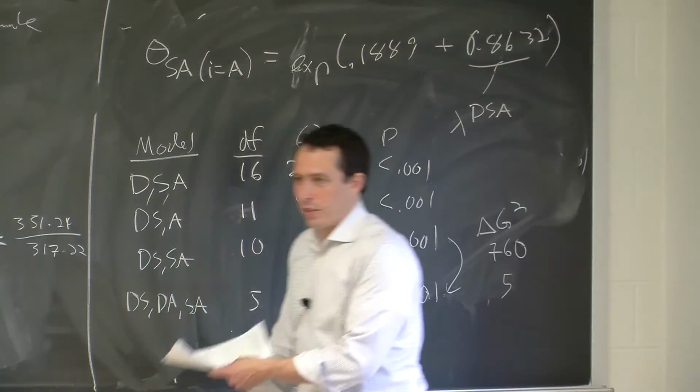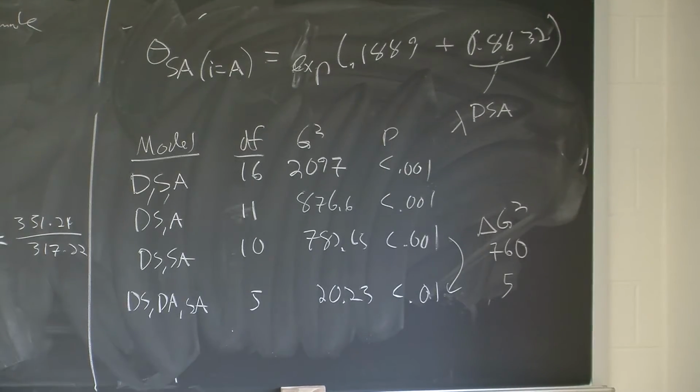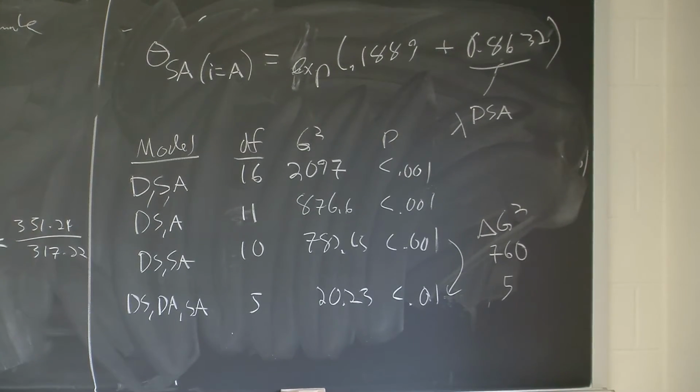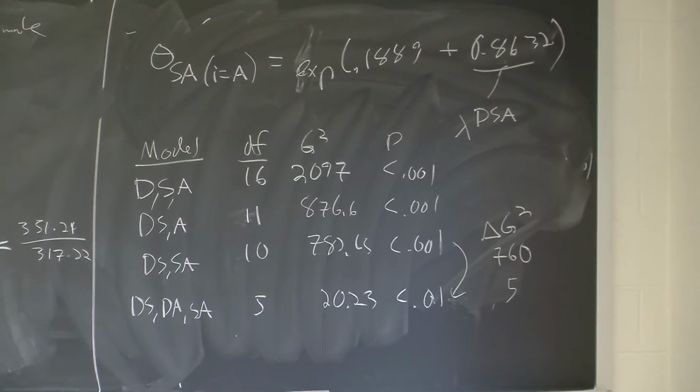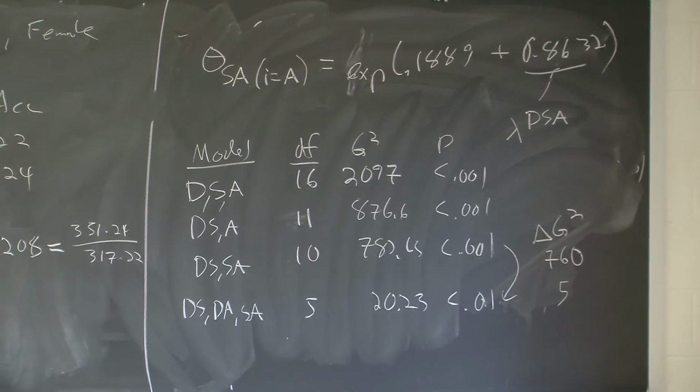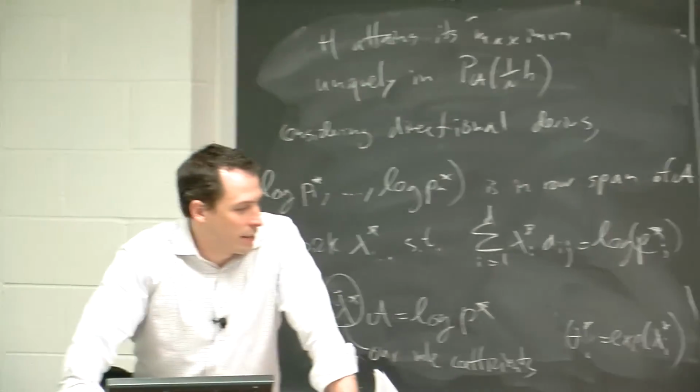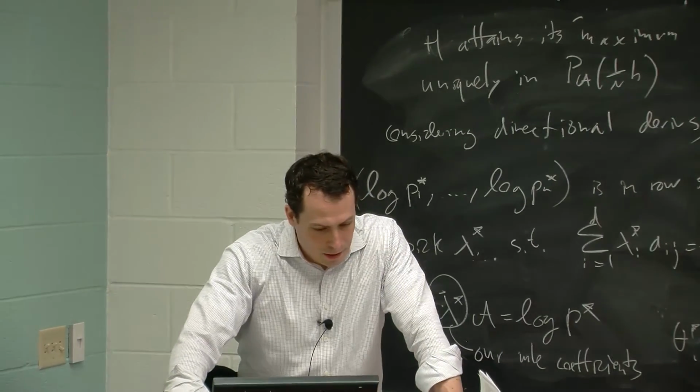The other thing, of course, we could do, as we learned a couple of classes ago, is to throw at this an AIC-BIC type strategy, and I think that would almost certainly choose that same model, the DS, DA, SA model.